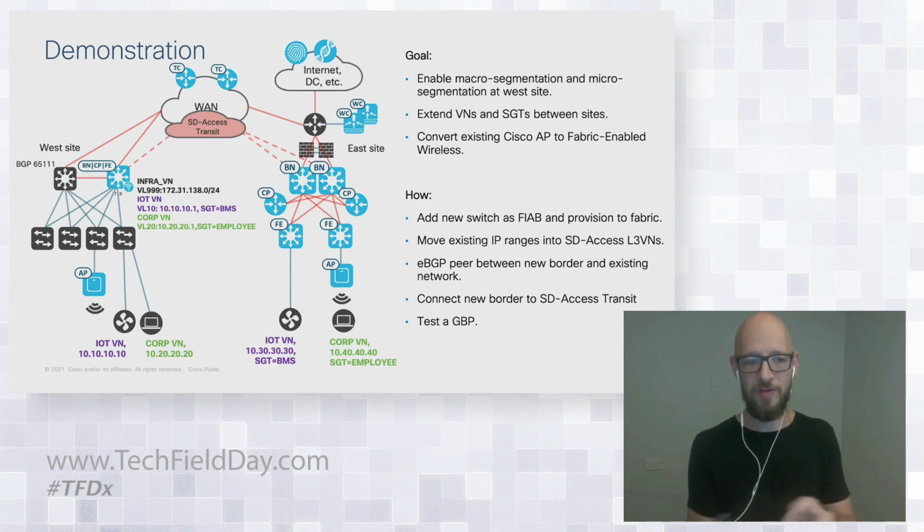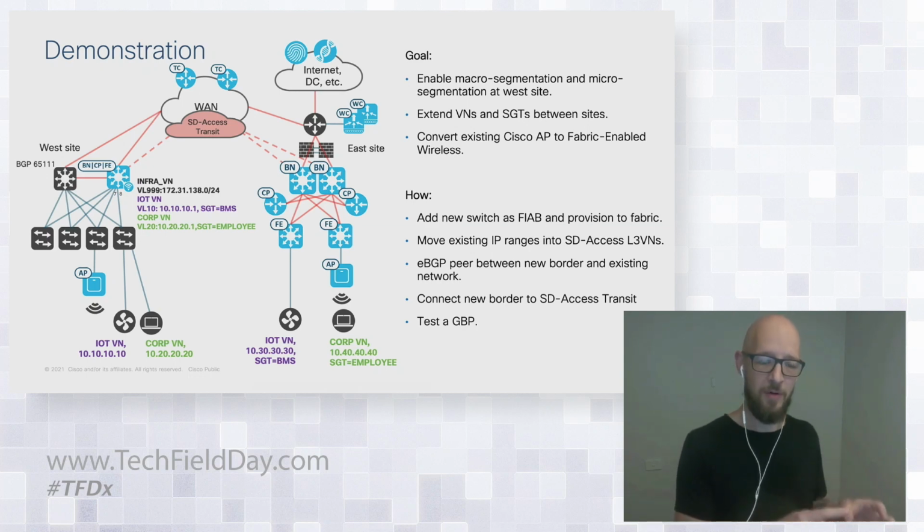We'll also move those SVIs, the 1010 and 1020 SVIs, into SD-Access virtual networks. By virtue of doing that, obviously we're implementing macro segmentation, which is routing table separation, and then we'll put in an SD-Access transit between these two sites to extend those virtual networks and the group tags for microsegmentation to the east side.